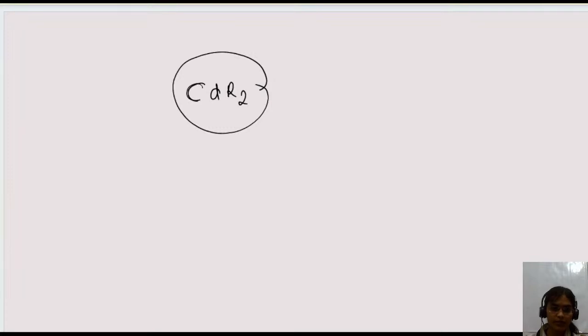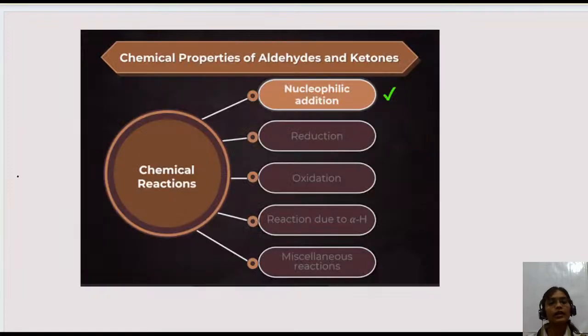In today's class, we are going to start the chemical reactions of aldehyde and ketone, beginning with the nucleophilic addition reaction. As the name suggests, we are going to add a nucleophile. Let me take a general C=O group.